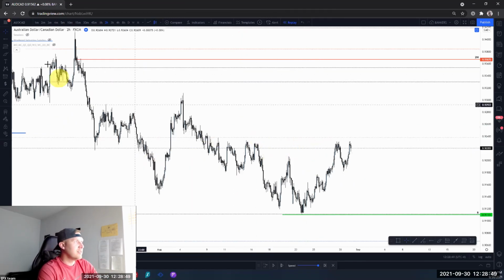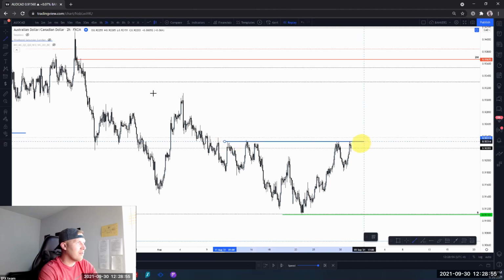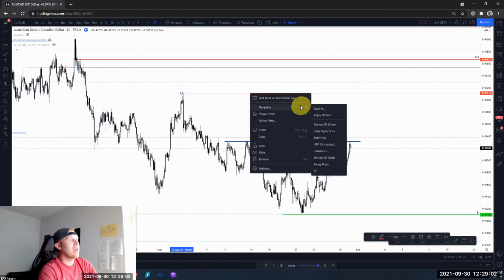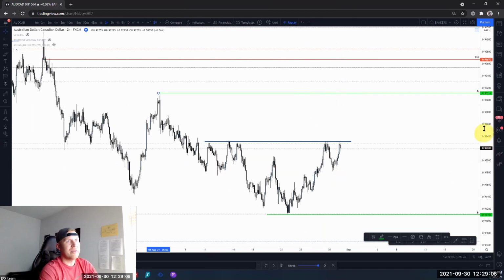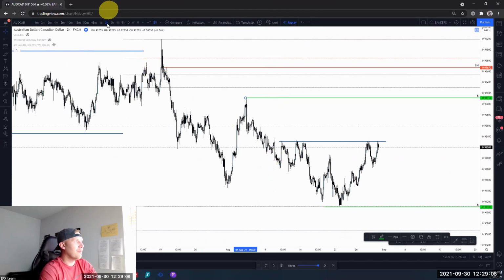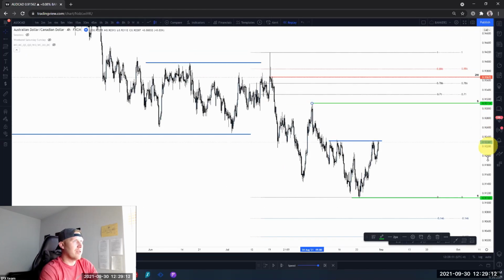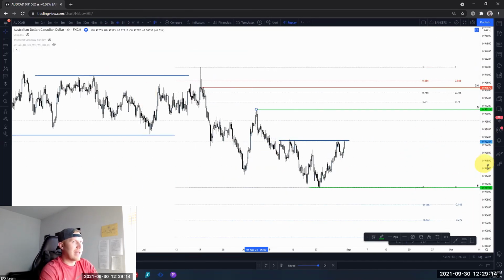But let's just say you saw a really good buying opportunity. Maybe you saw this level. Maybe you saw price also running on this high here. And you had a couple of targets, and a couple buying opportunities, and you felt confident enough to execute it.